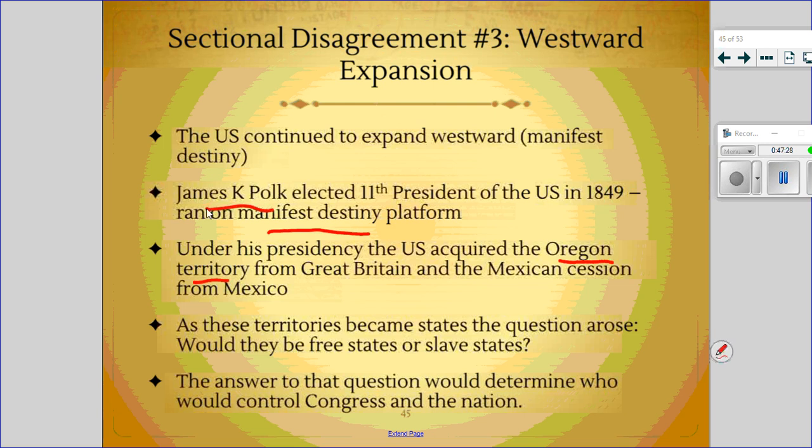All right, and we won the war with Mexico and got the Mexican Cession. Remember that entire section of the Southwest. As these territories become states, the question is, will they be free states or slave states? The answer to that question will determine who controls Congress and therefore the nation. All right, this is going to be a major point of division.